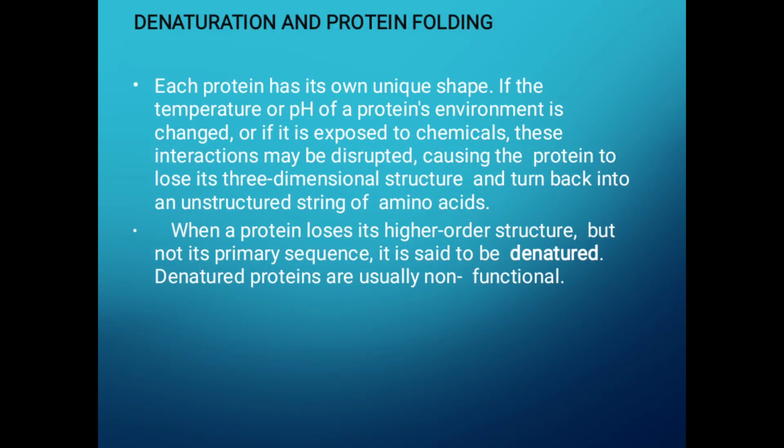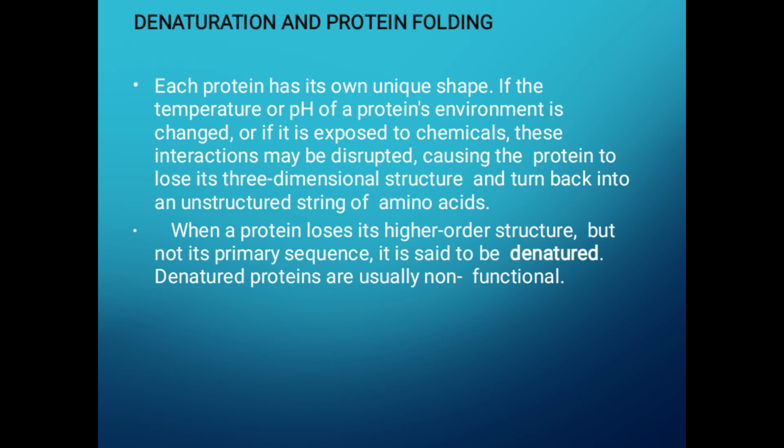Denaturation and protein folding. So what is denaturation and protein folding? Each protein has its own unique shape, for example primary structure, secondary structure, tertiary and quaternary. Each one has its own unique shape.